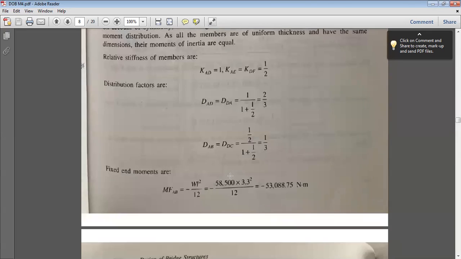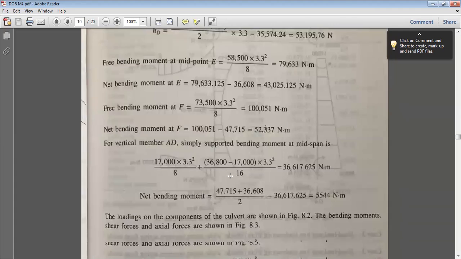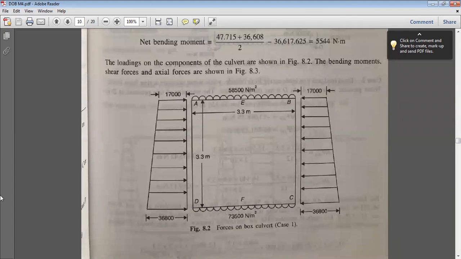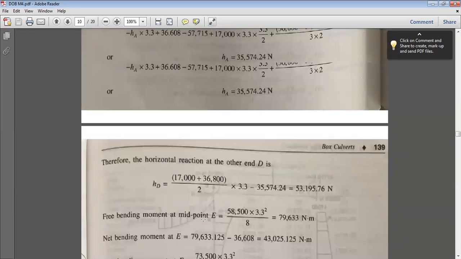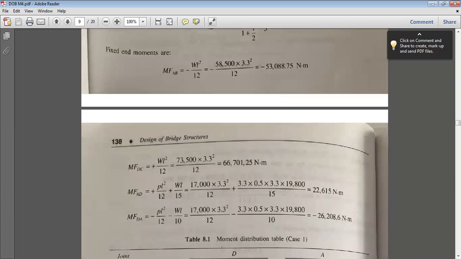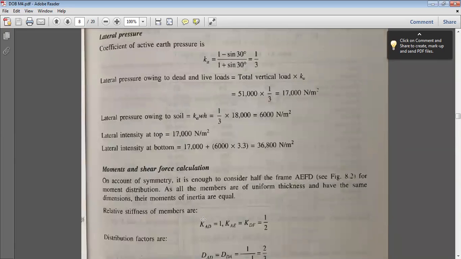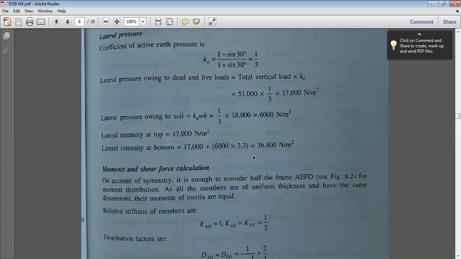I have indicated it here. So at the top it is 17,000, and at the bottom it becomes 36,800. Clear? It is this one at the bottom.